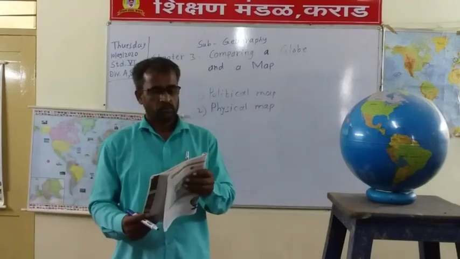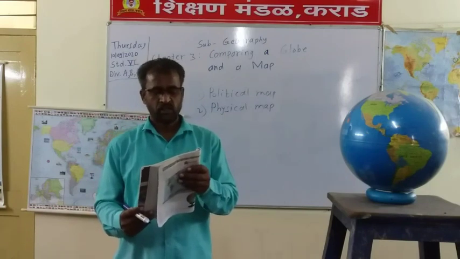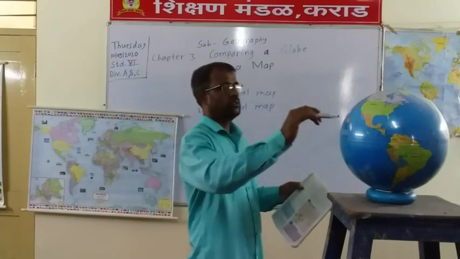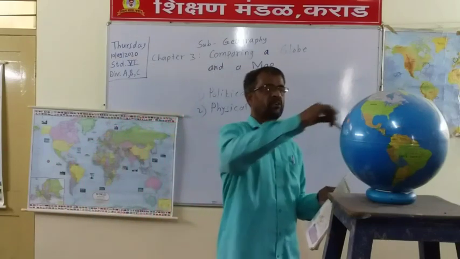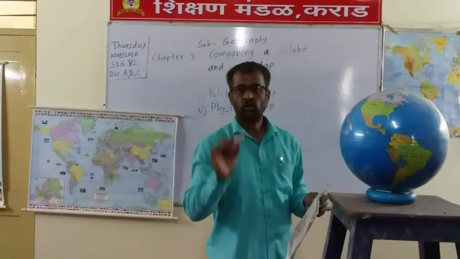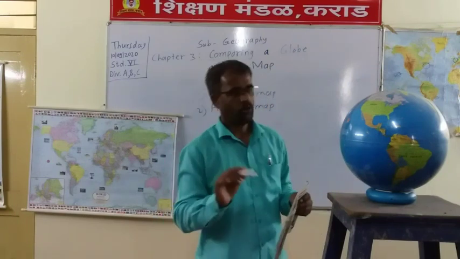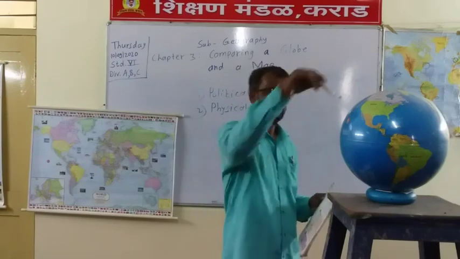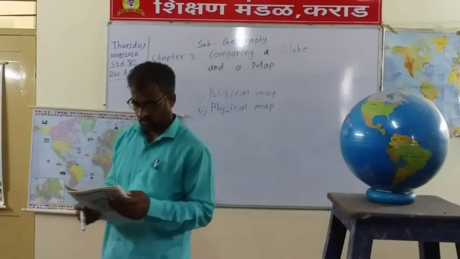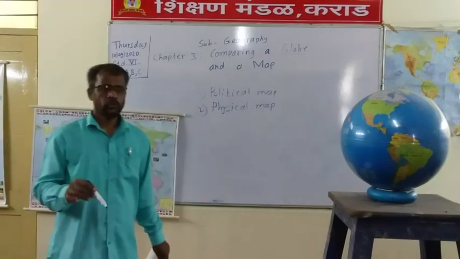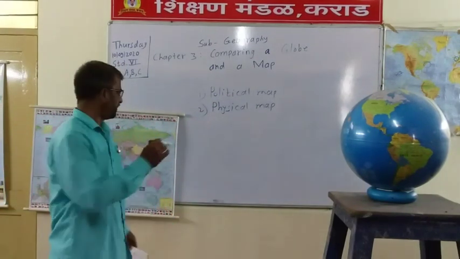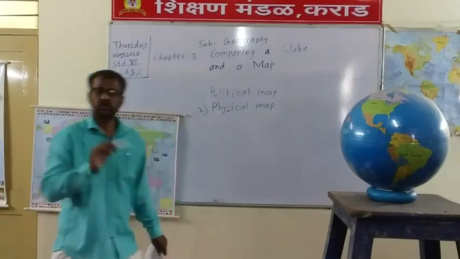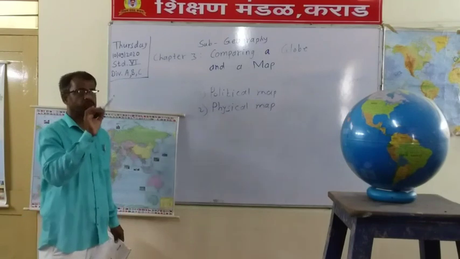Next question. Which device can be called a model of the Earth? A globe device can be called a model of the Earth, or a miniature model or duplicate model of the Earth. So, we have observed that maps are two-dimensional, whereas a globe is a three-dimensional or 3D device.